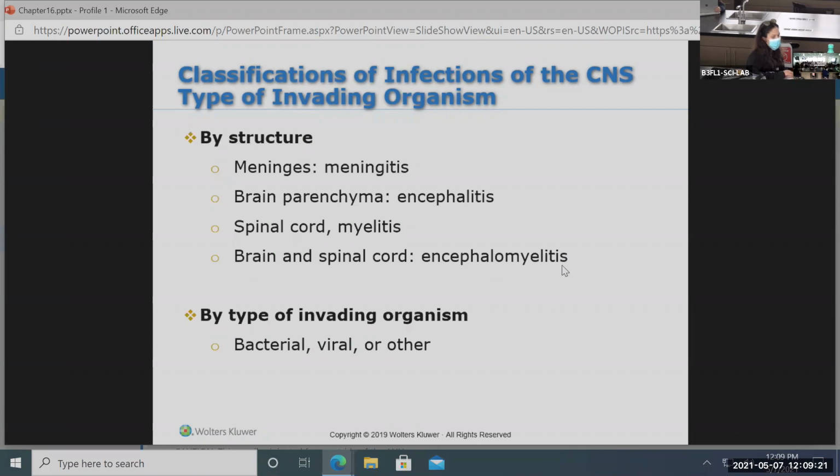When it involves the spinal cord, we call it myelitis. When it involves both brain and spinal cord, the CNS, we call it encephalomyelitis. Encephalitis, it is the brain. Myelitis, the spinal cord. The combination is encephalomyelitis. Organisms might invade, maybe bacterial, viral, or others.